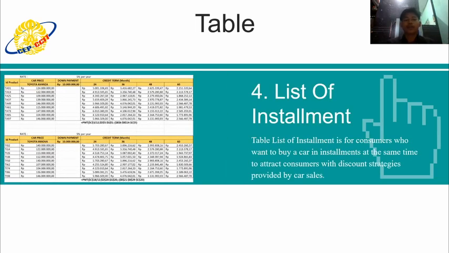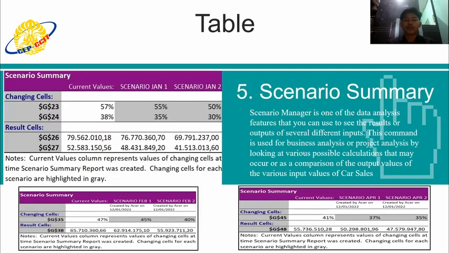4. List of installment. The list of installment table is for consumers who want to buy a car in installments, and at the same time to attract consumers with discount strategies provided by car sales. 5. Scenario summary.